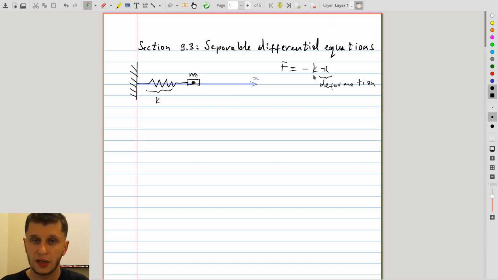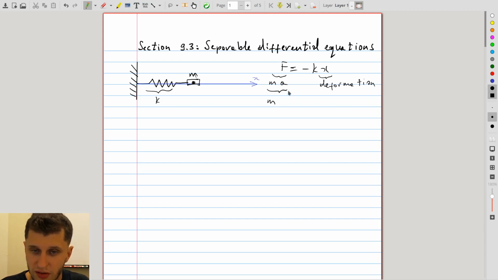Now, what does it mean? What does it tell us about x? Well, we know by Newton's second law that force here is equal to the mass of this body times its acceleration. And again, acceleration is the second derivative of the coordinate.